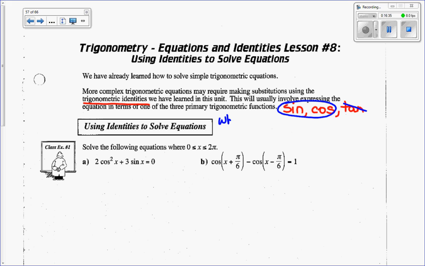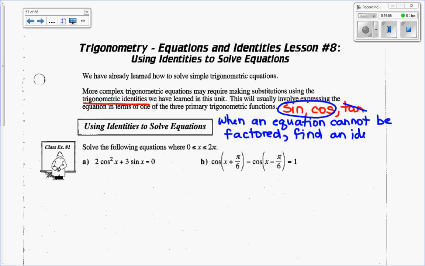So just make yourself a note. When an equation cannot be factored, so try factoring it first, find an identity to make them all sine or cosine.